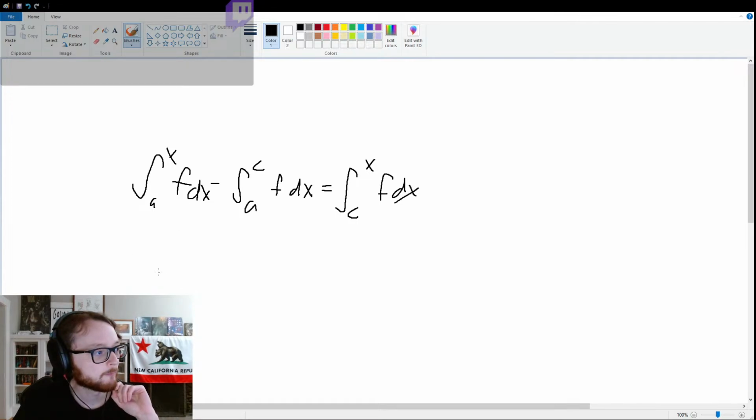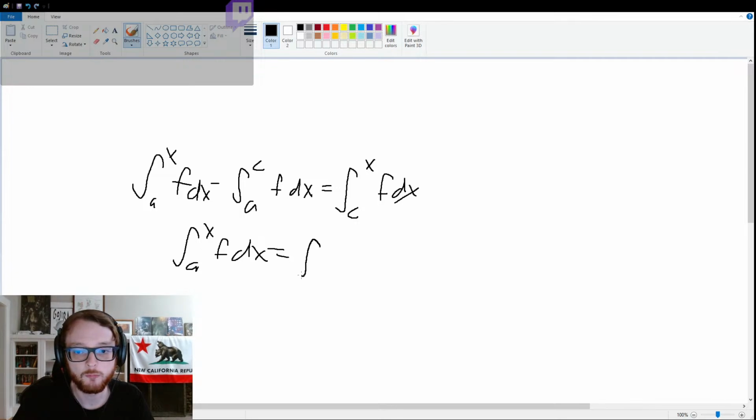So yeah, this is a property of integrals, and to me, it's a bit more natural to add this term to the other side. So I'm going to do that and then make a drawing of why this thing is true.